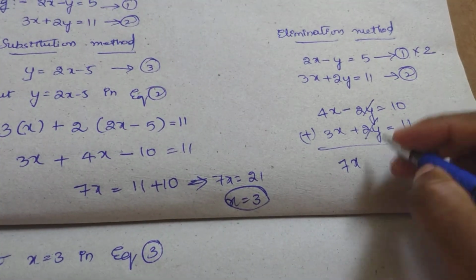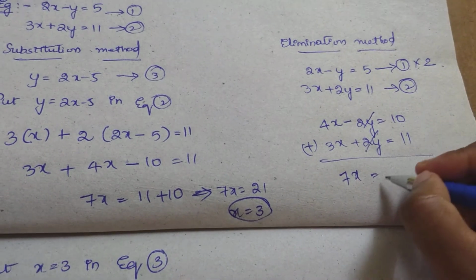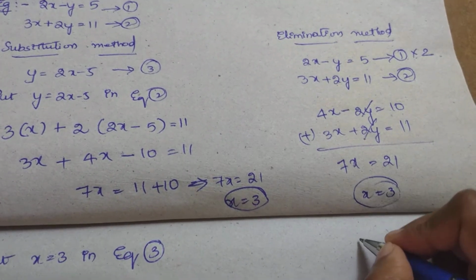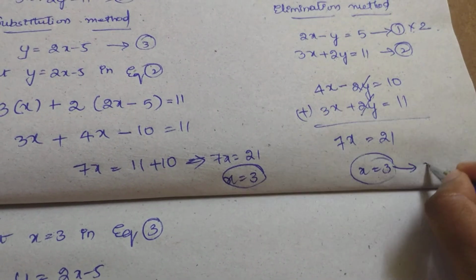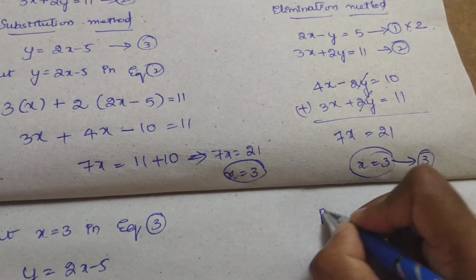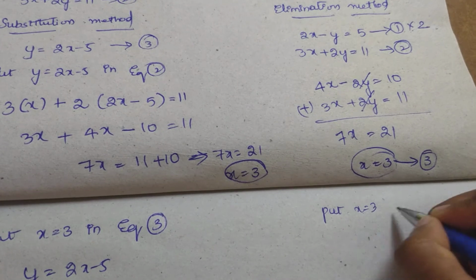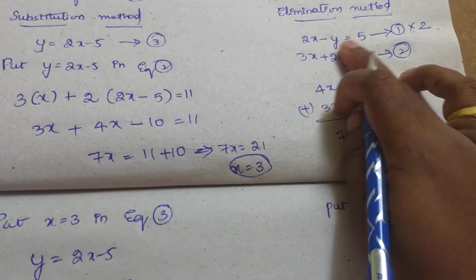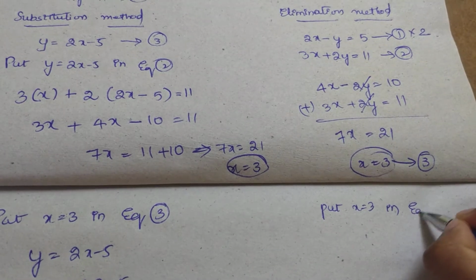So just do addition: 10 plus 11 becomes 21, then the x value will be 3. Put this as equation 3. Then put x equals 3 in either of the equations, whichever you like. So put x equals 3 in equation 1.